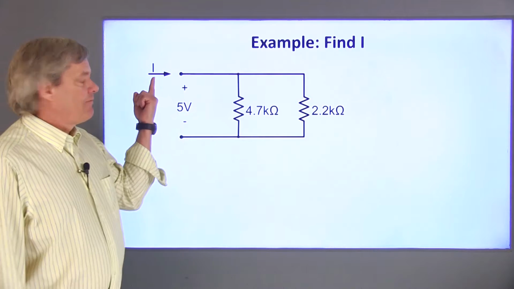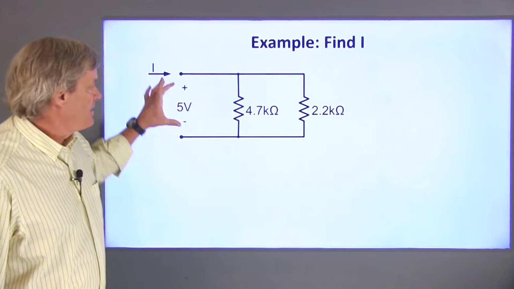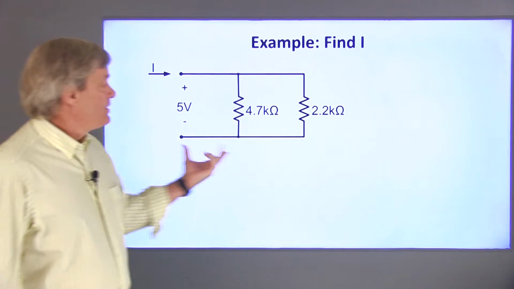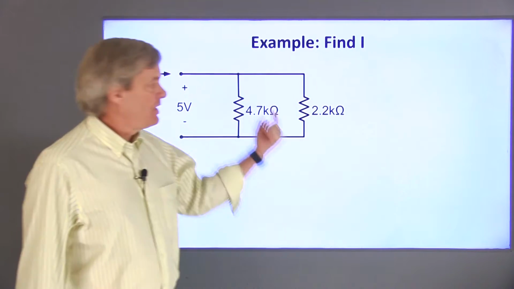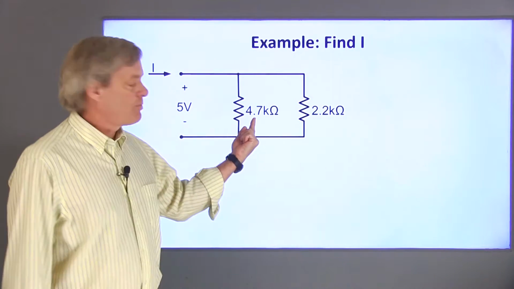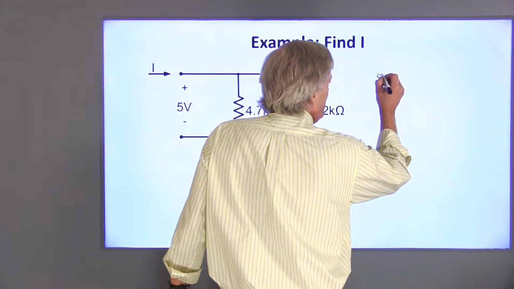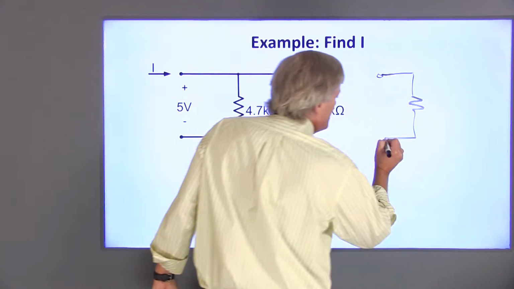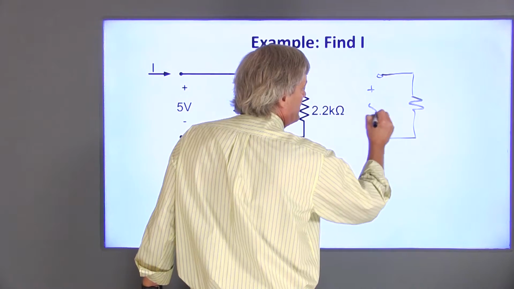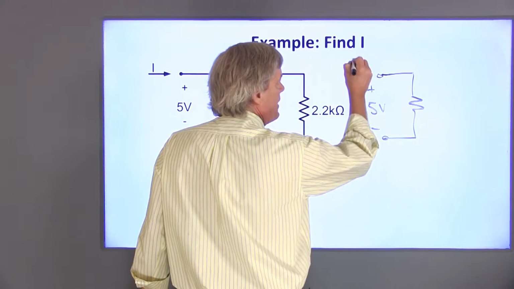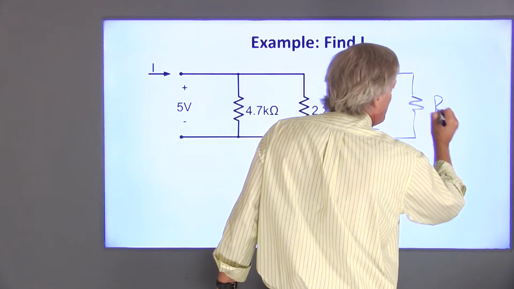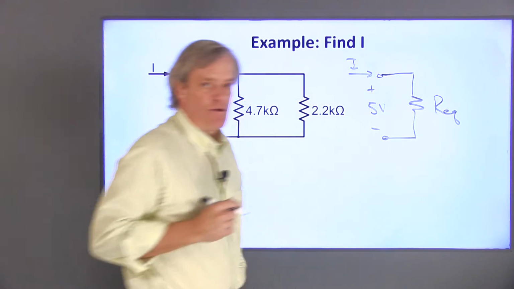In this example, we want to find the current I provided by this 5-volt source to this parallel combination of a 2.2 kilo ohm and a 4.7 kilo ohm resistor. This circuit, from the standpoint of its terminals, is equivalent to a circuit with a 5-volt source and a current I with a single resistance Req.